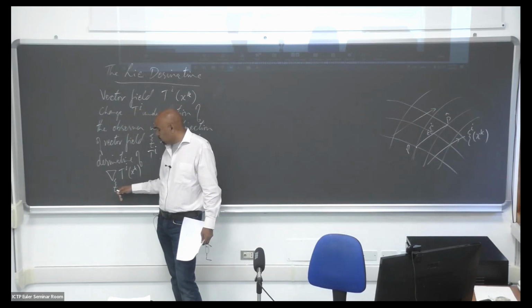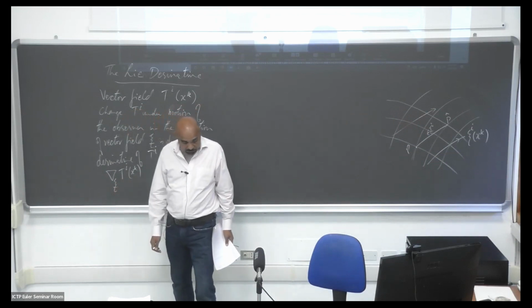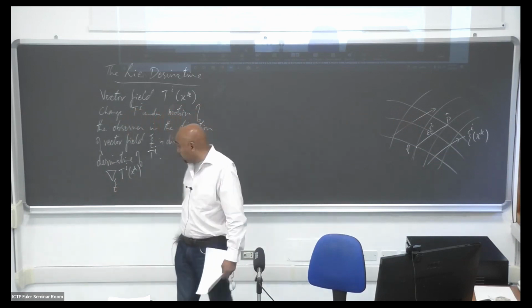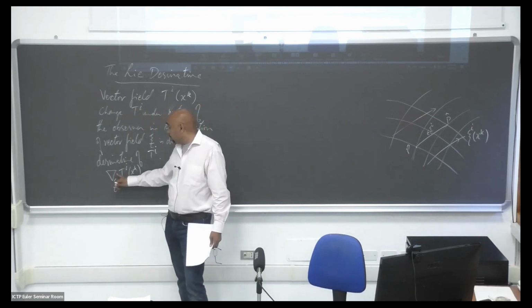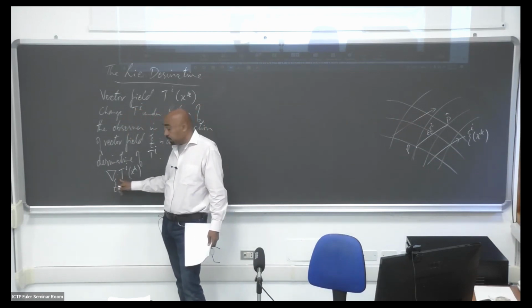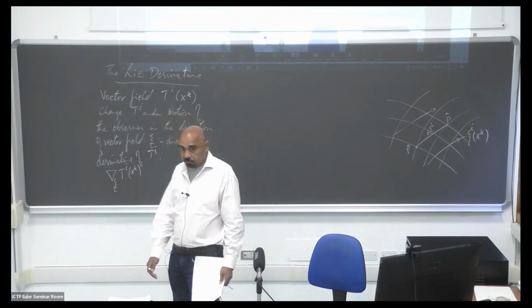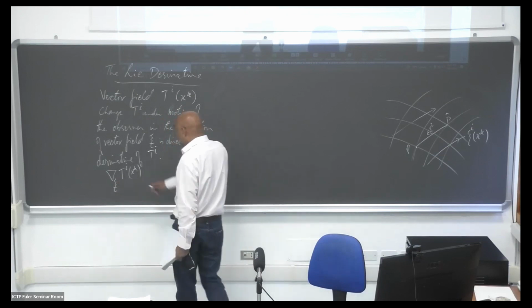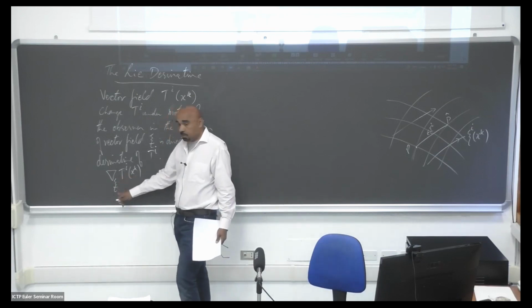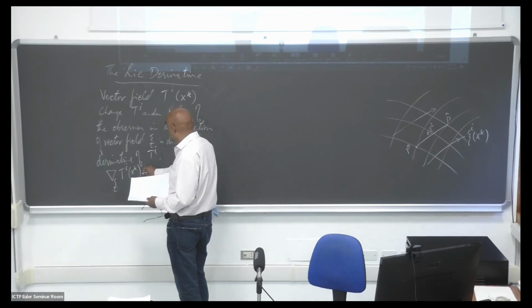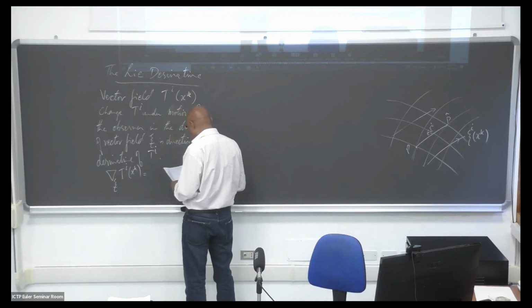Different people call it by different names. Some people say this is with respect to xi, some say it's along xi, or in the direction of xi, or relative to xi, the derivative of T relative to xi. So different books use different terms for this thing.